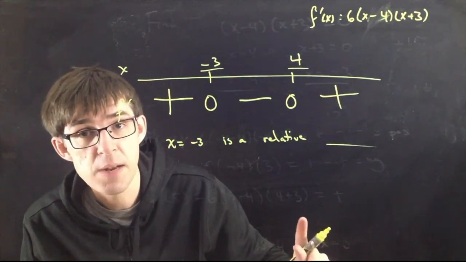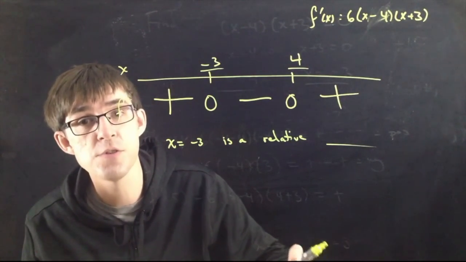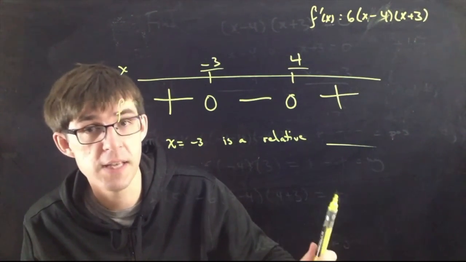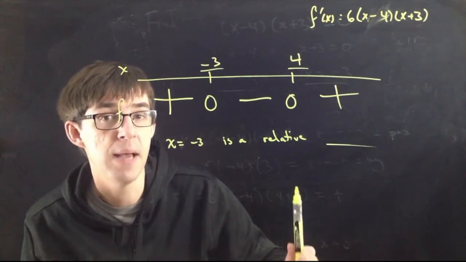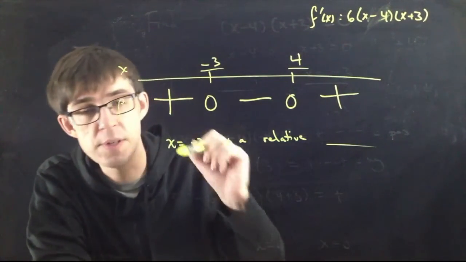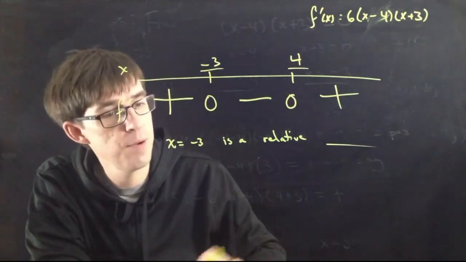You have to tell me, is it a relative maximum or minimum? And the way you tell, according to the first derivative test, is if the derivative goes from positive to negative, then it's a maximum. Positive to negative means it's going up and then starts going down. So that point is at the top of the hill. If it's going from negative to positive, then it's a minimum.